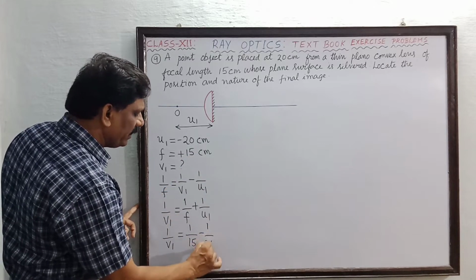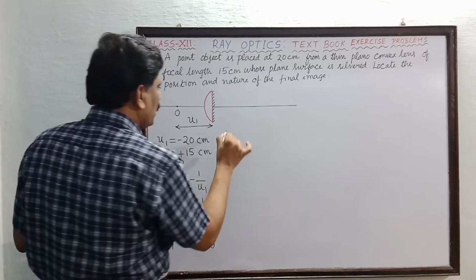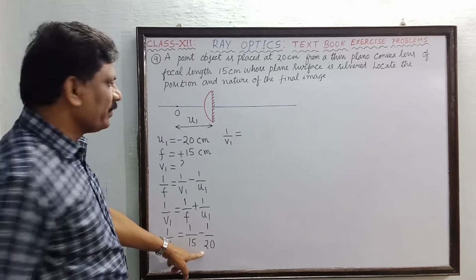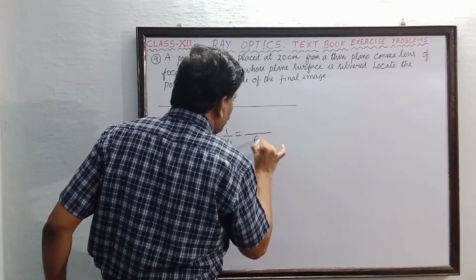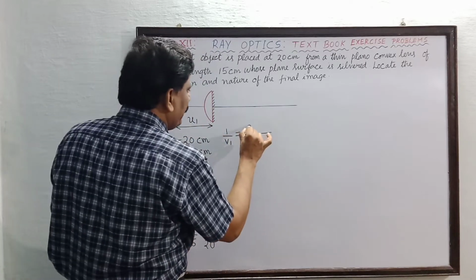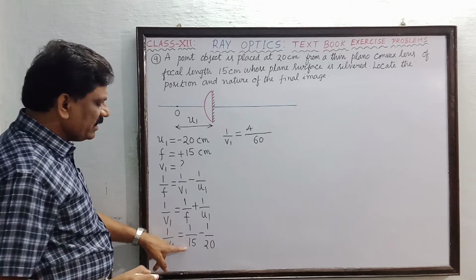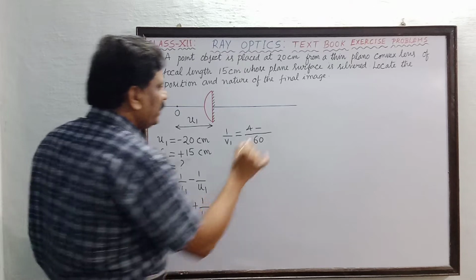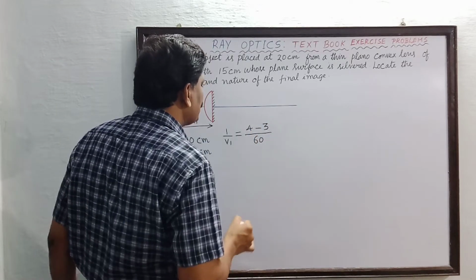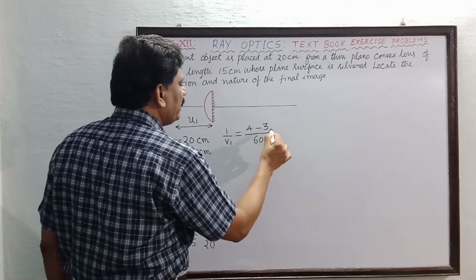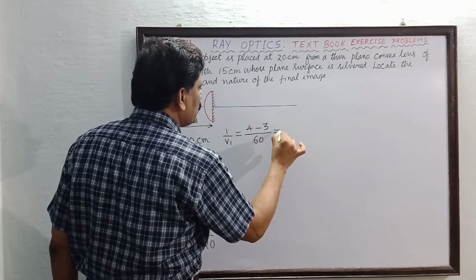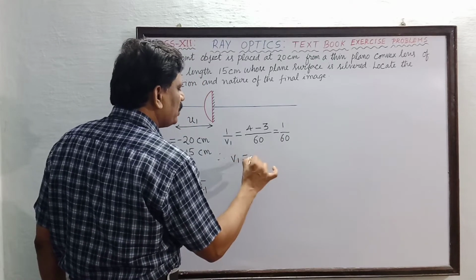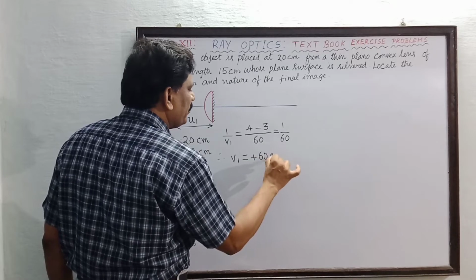The LCM I will take as 60. 15 fours are 60, minus 3 20s are 60. So 4 minus 3 is 1. So this is now equal to 1 by 60. Therefore V1 is equal to plus 60 centimeter.